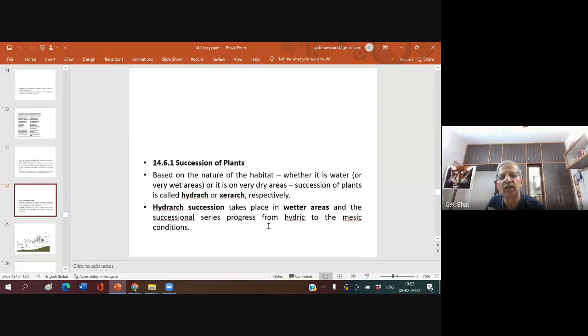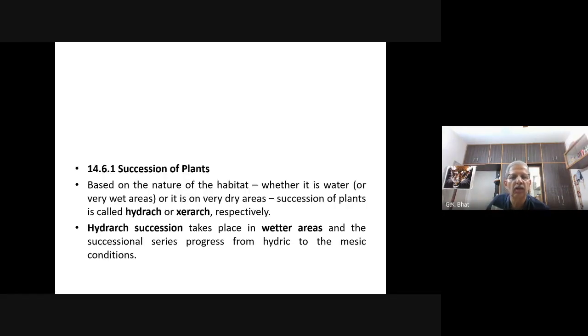Charan simply read this sentence: progress from hydric to mesic. I did not come to that point at all. Please make it a point to listen to my lecture with full concentration. Otherwise, you are bound to get scolded by me. So whether it is hydric or xeric, what you see here is that the succession series progresses from hydric, meaning water area, to the mesic, moderate condition.